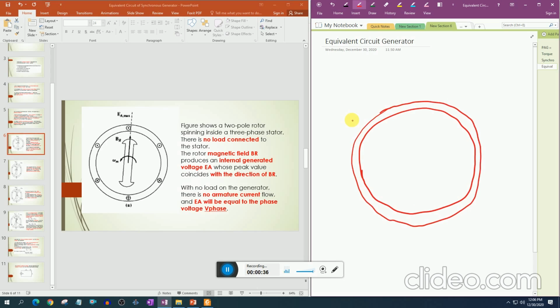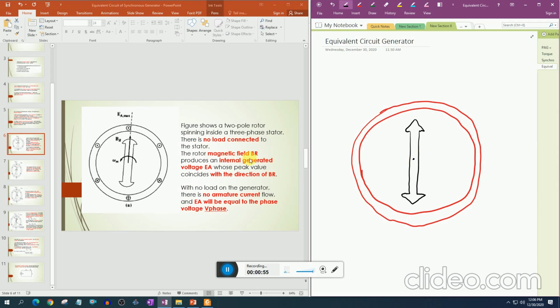This is the stator. And this is the rotor.